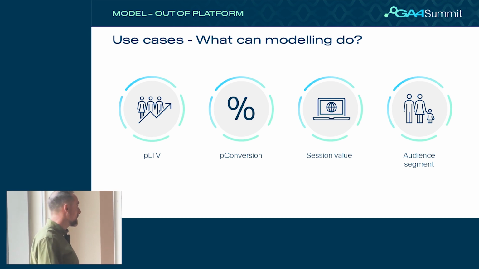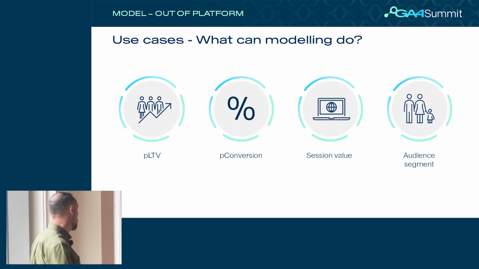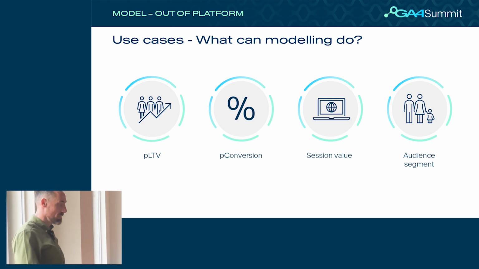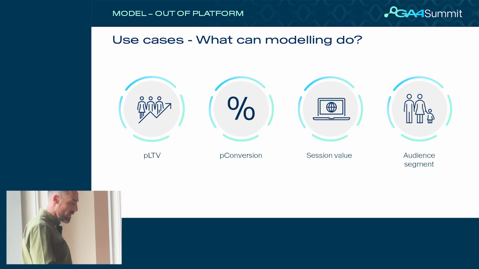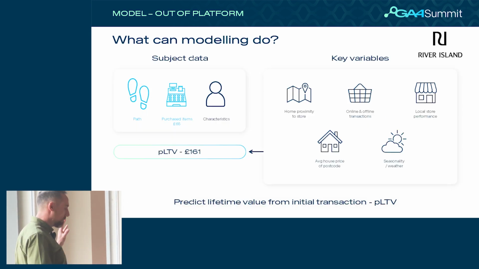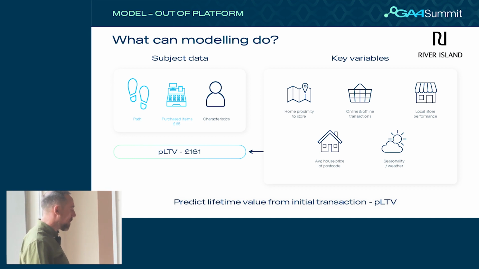You can append a value to an individual session, or you can automate what audience a particular user would fall into and segment them as a cohort. I'm going to run through some examples with real life brands, but these are hypothetical, just to give you a flavor of what you can do.